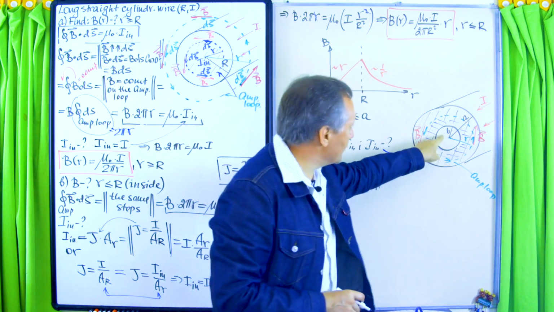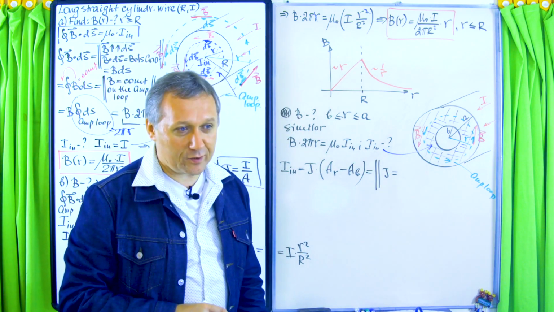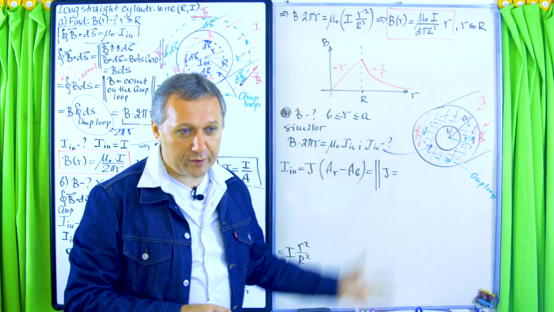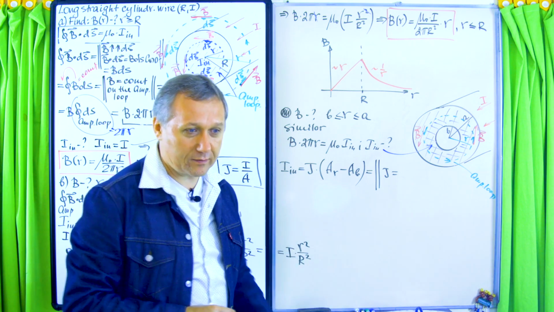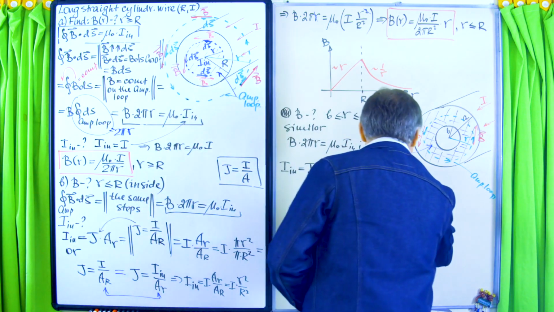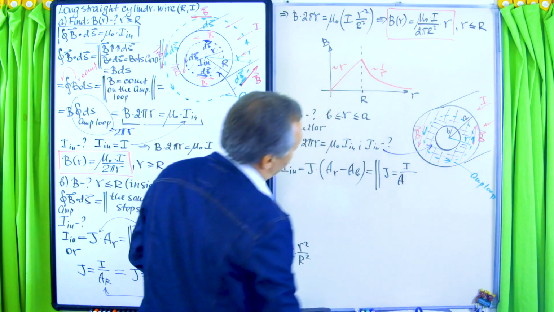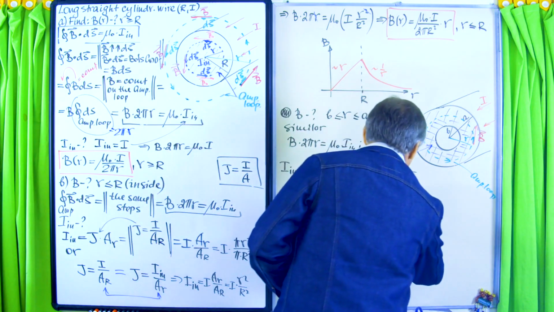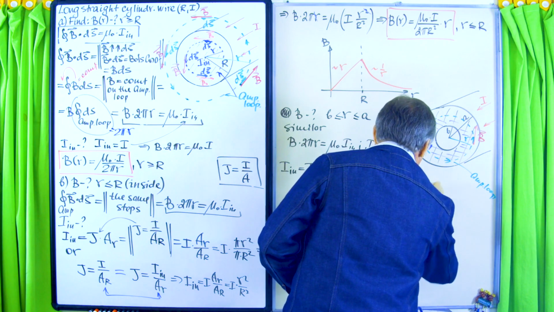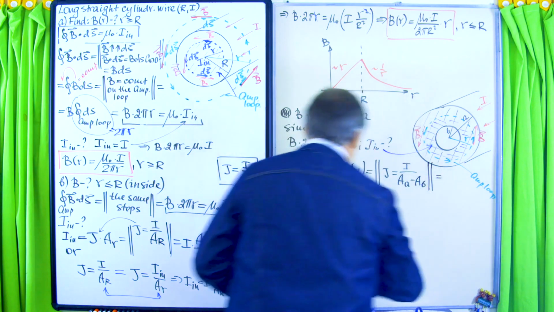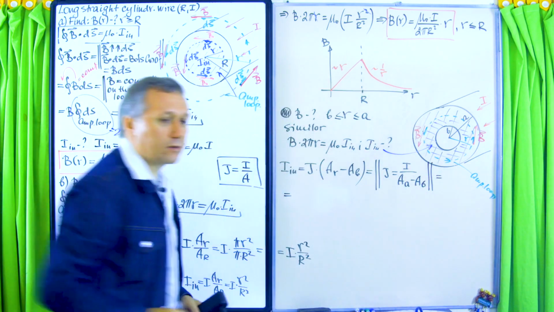And again, there is no current inside the circle with radius b, so we need to subtract it, right? So I need to take the total current and divide it by the area of the circle with radius A minus the area of the circle with radius b.